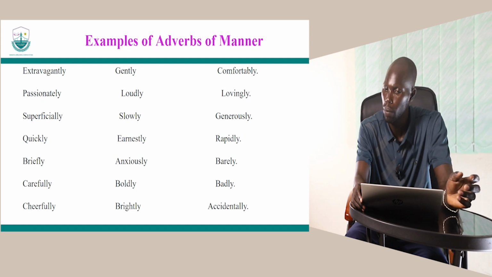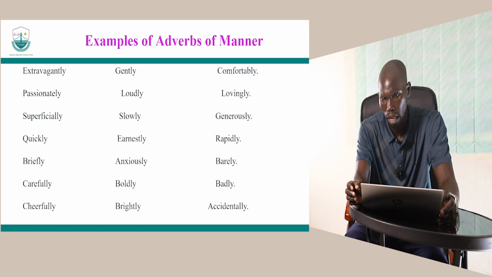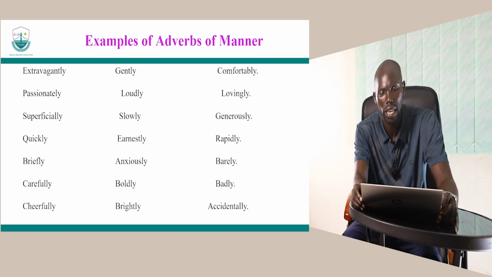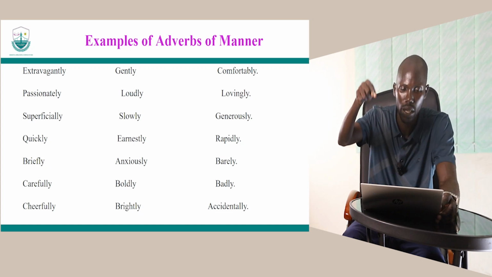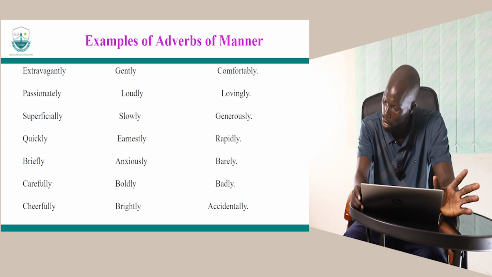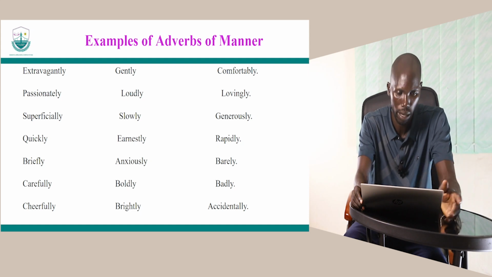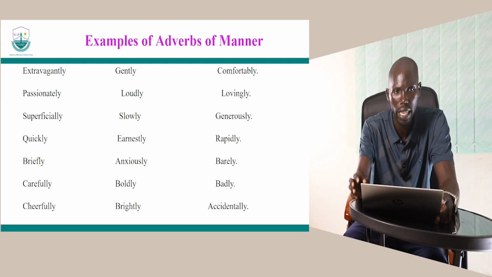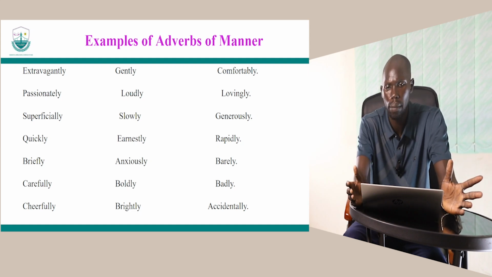And then we have example sentences that vividly use adverbs of manner. If you get any one of these words in a given illustration or in a given sentence, they are adverbs of manner. For example, if you happen to see the word extravagantly, it tells us how something is done. Gently tells us how something is done. Comfortably tells us how something is done.